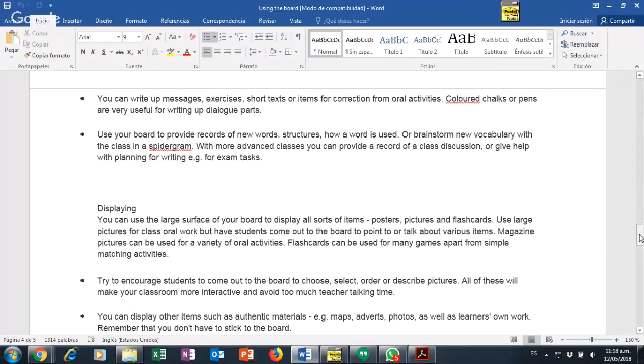I think that using the word is really difficult in this moment, because before, the teacher had the authority to use the word, and now, given the situation of the students, it's very difficult.